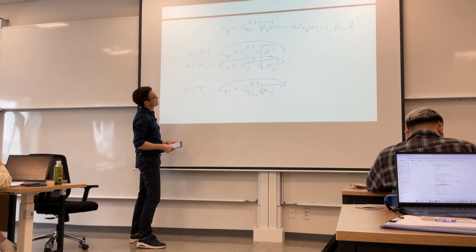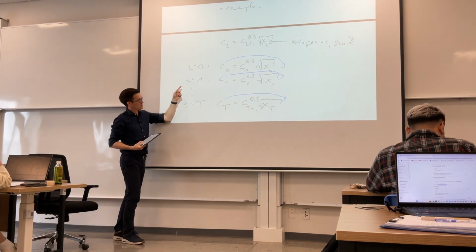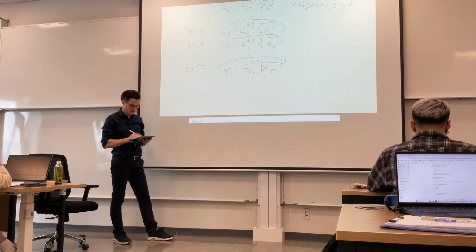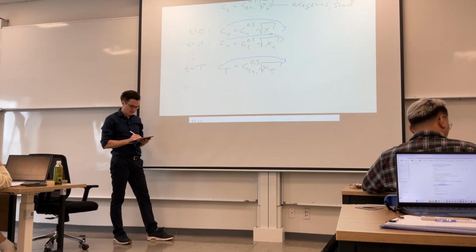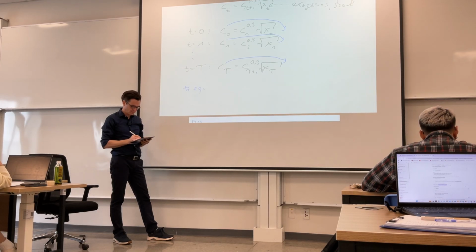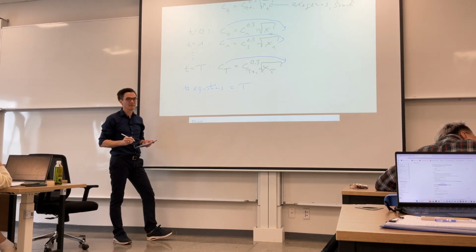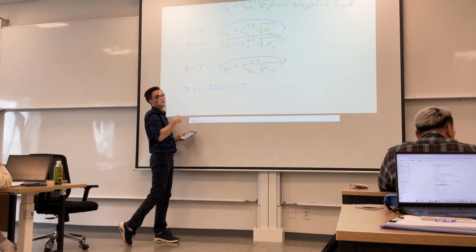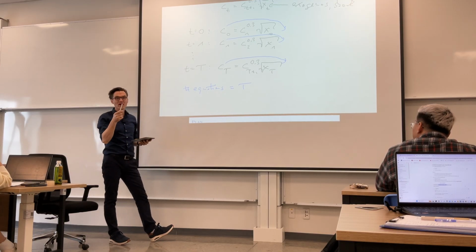Now notice there's one problem. How many equations do we have? Well, we have capital T equations, so if T is 100, we have 100 equations, one equation for each period. How many variables do we have?